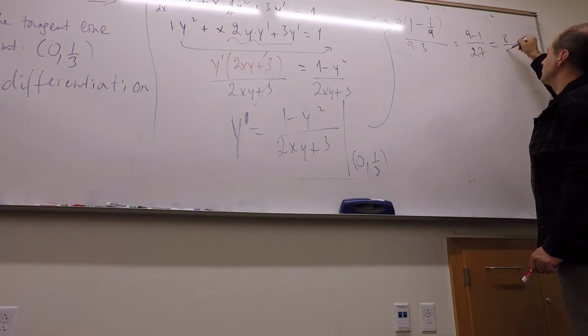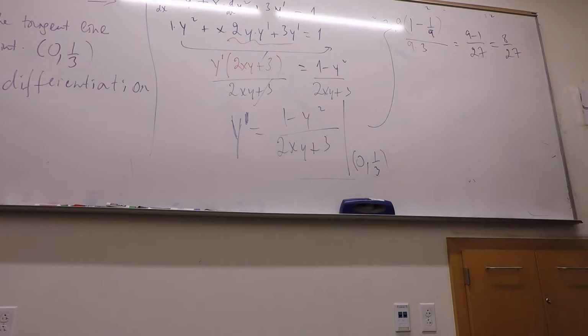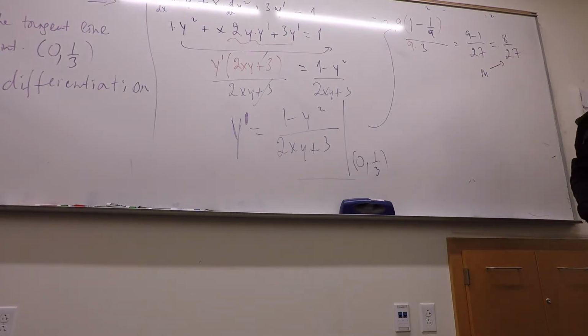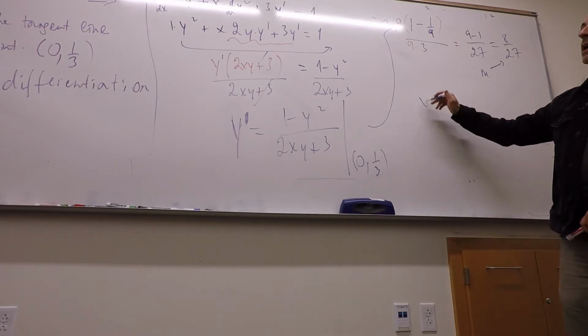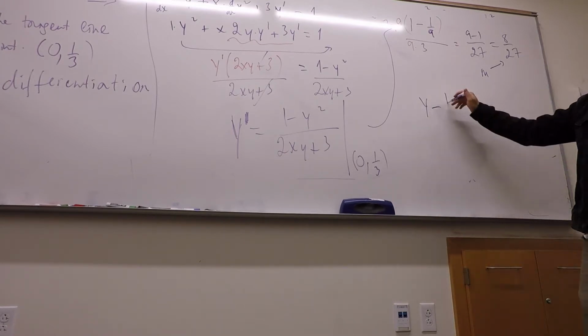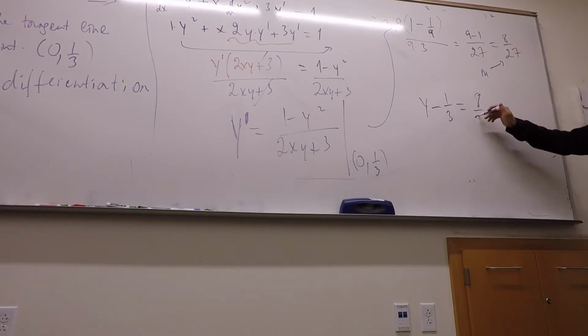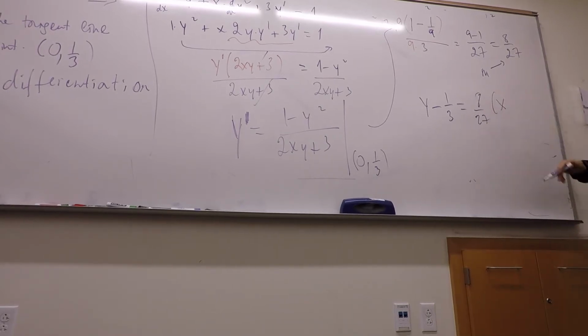Does that make sense? That's my derivative, but that's also the slope. So we got the slope. So how would I write the equation? Y minus 1/3 equals 8 over 27 times x minus 2.